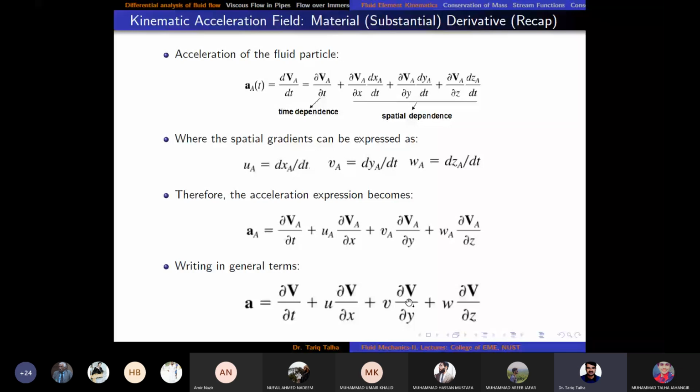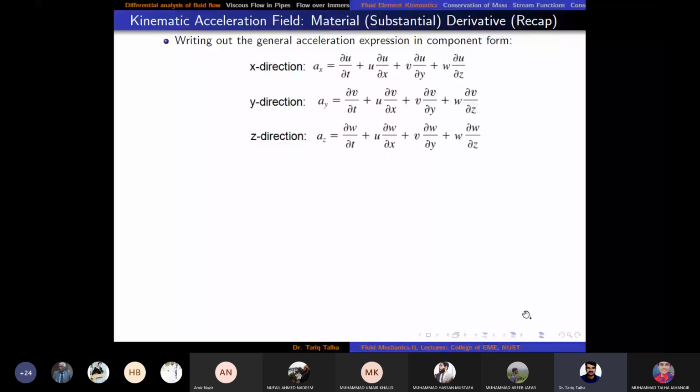Okay, so we can write it in terms of this acceleration, and that is the same thing as we defined for the material derivative. The material derivative is the sum of point variation plus space variation.